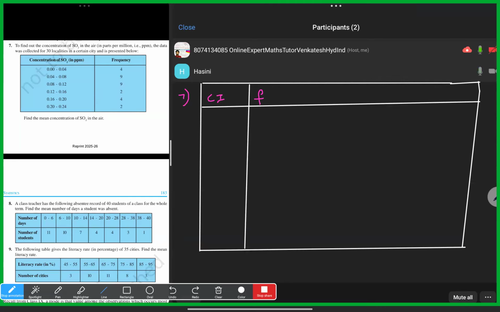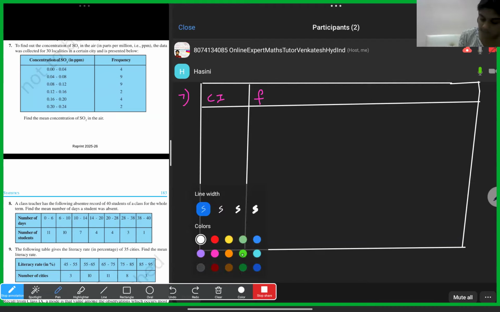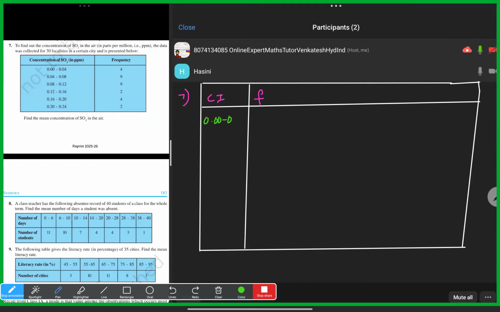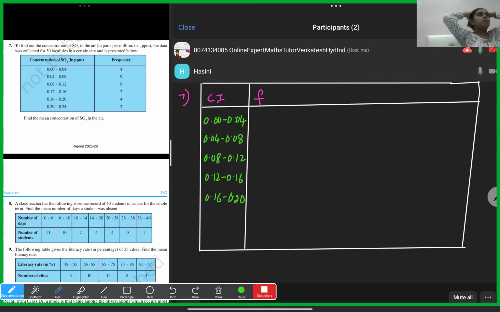So, Hasni, there are 6 values: 0.00 to 0.04, then 0.04 to 0.08, then 0.08 to 0.12, then 0.12 to 0.16, 0.16 to 0.20, then 0.20 to 0.24, Hasni.